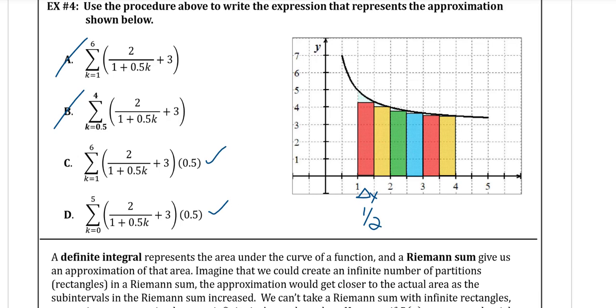So these two are the only ones that have a delta x, so they're out. So the next thing you have to figure out is, do you have a right-hand sum or a left-hand sum? And if you notice, our rectangles are touching on the right-hand side, so it can't be D, so it has to be C. Okay? There is our expression for that graph.